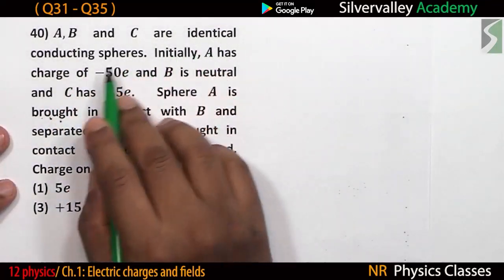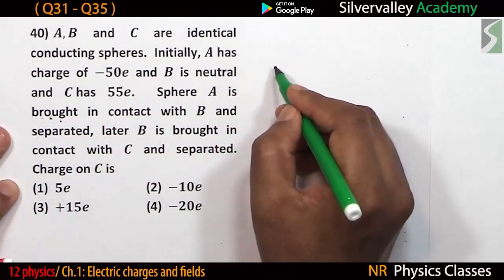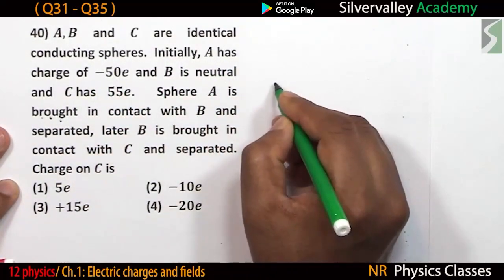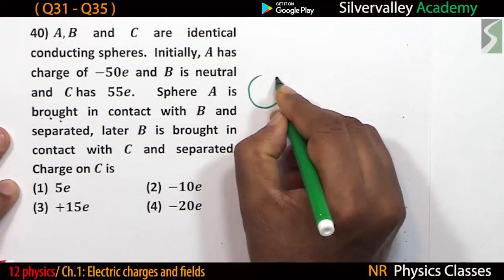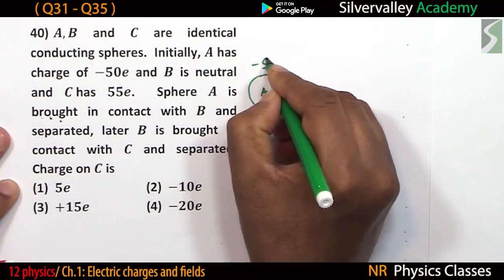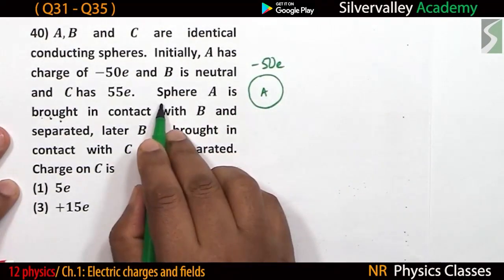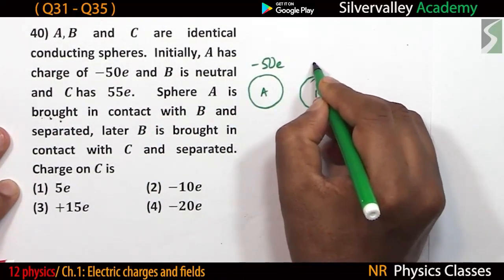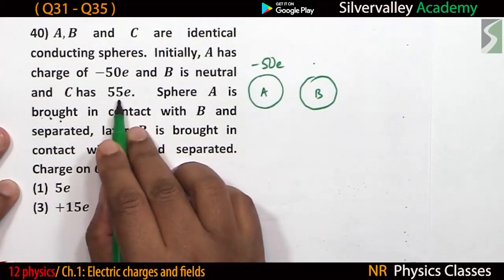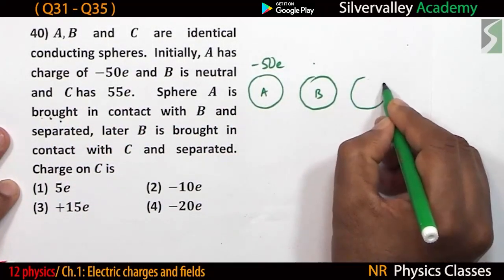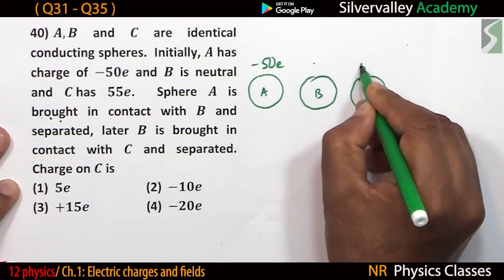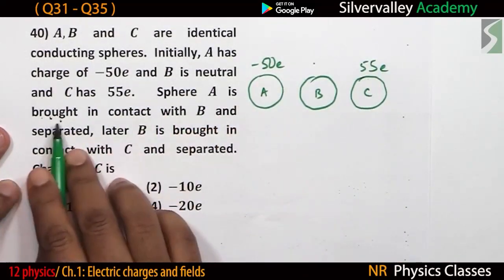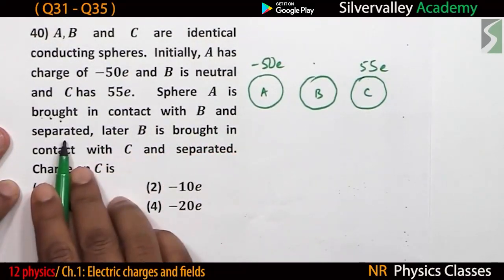A, B, C are identical conducting spheres. Initially A has charge minus 50 E. This is A, minus 50 E. B is neutral. This is B, neutral. C has 55 E. This is C, 55 E. Sphere A is brought in contact with B and separated.